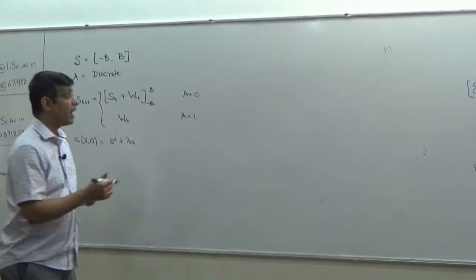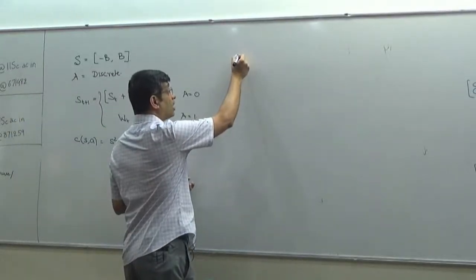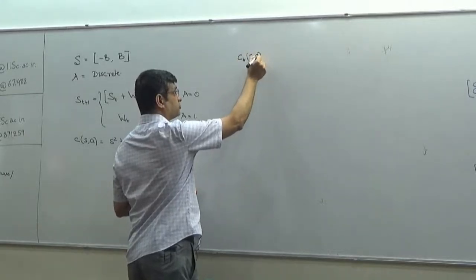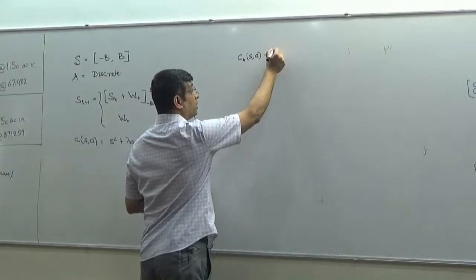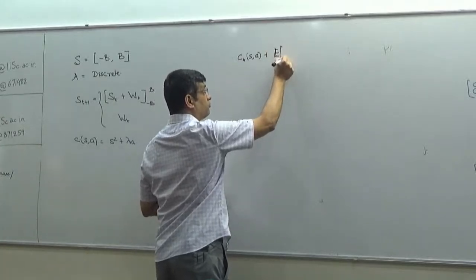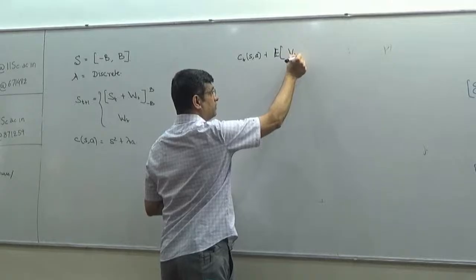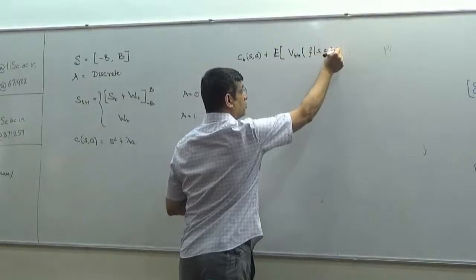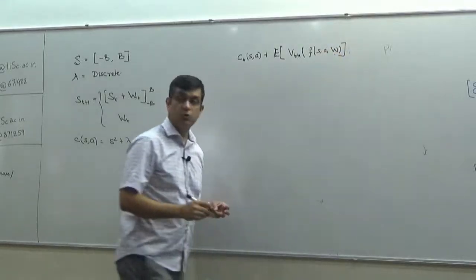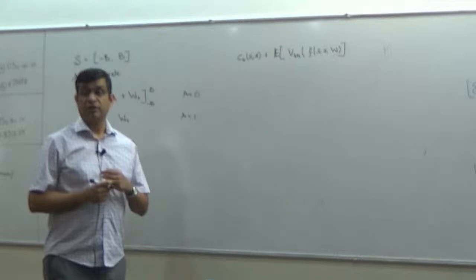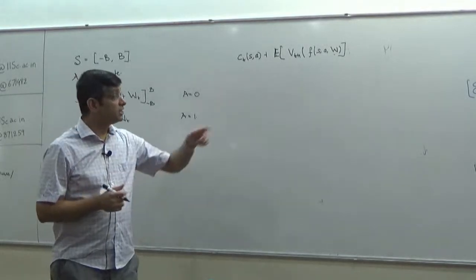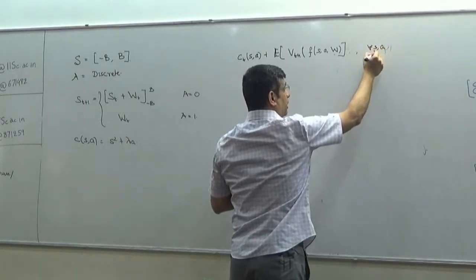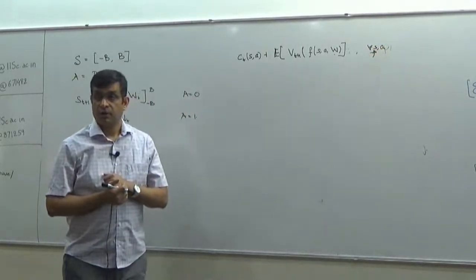What I will have to do is, at some stage, solve this step: c_t of s, a plus expectation of V_{t+1} of the dynamics given s, a and W, where this expectation is with respect to my noise. Right. But this is a continuous random variable. I have to solve this for all values of state, for s and a, but this is also continuous. So, I have two difficulties.